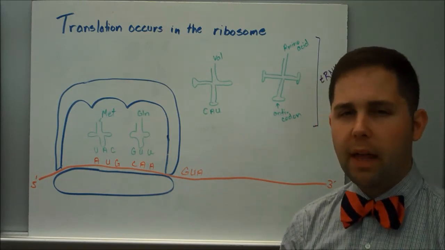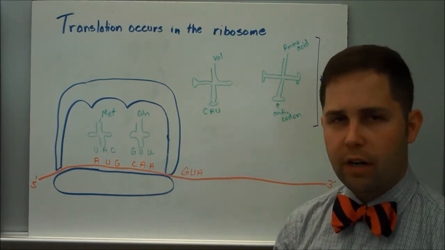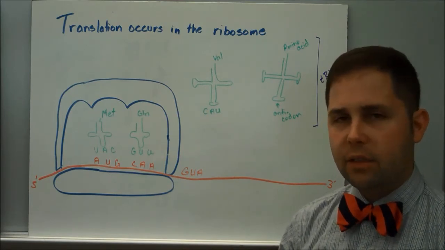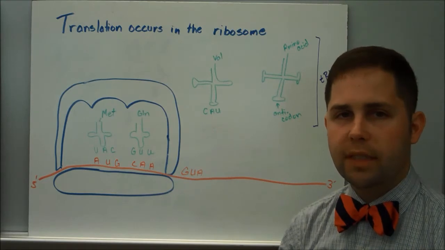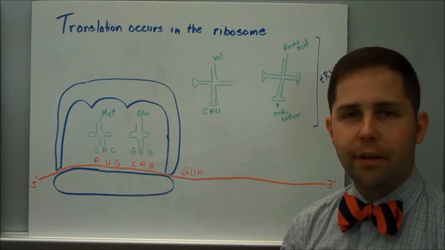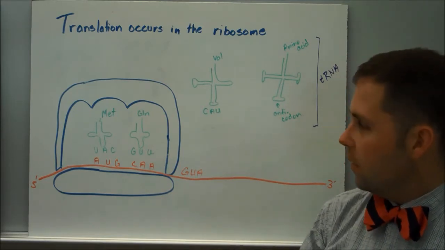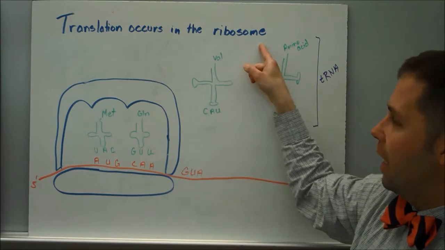But let's talk about how this actually works inside of the cell. How does the cell take an mRNA and turn it into a protein? Surprisingly, it's quite similar to the way that you would look at the sequence and turn it into a protein, although it's utilizing other components within the cell. Most importantly, you should recall that translation occurs in the ribosome.